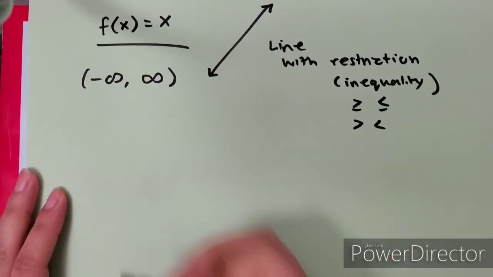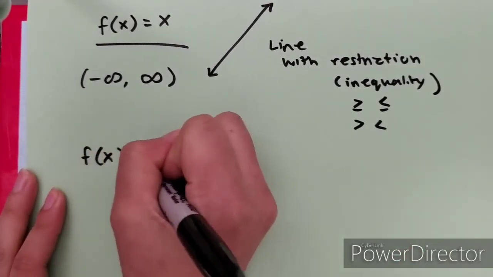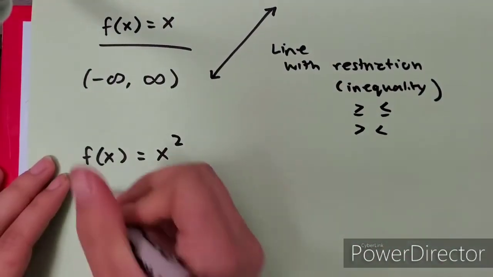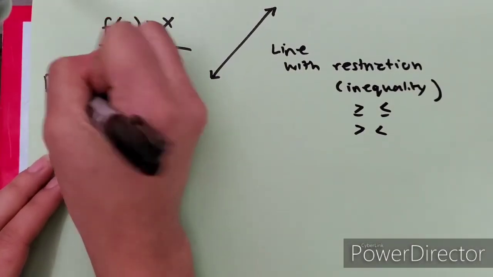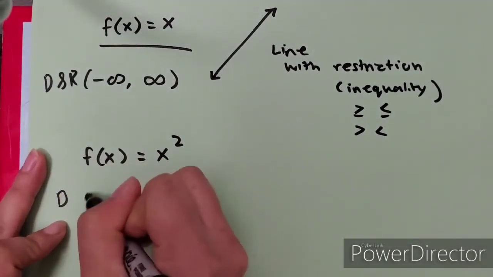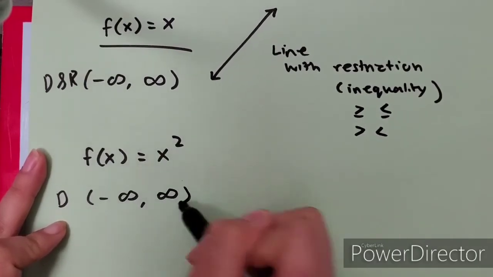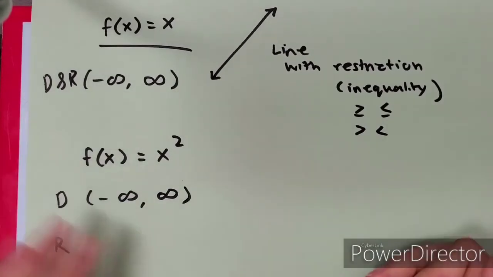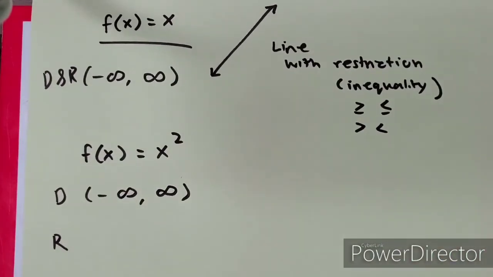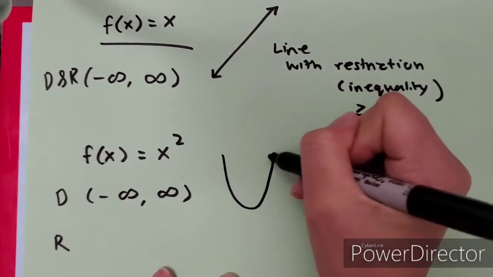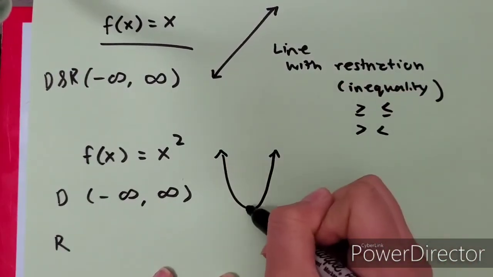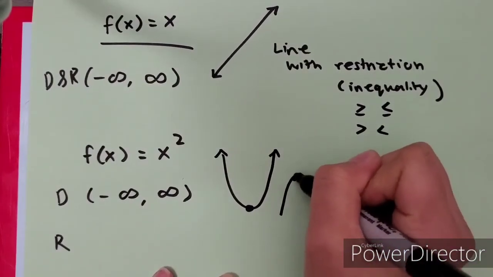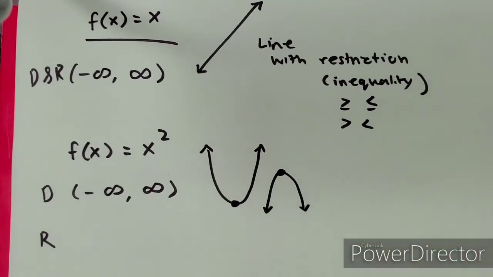So for a parabola, the domain would be negative infinity to positive infinity if there is no restriction. And for the range, it differs because with a parabola, you have to find the minimum, or if anything, the maximum, depending on what your graph looks like.